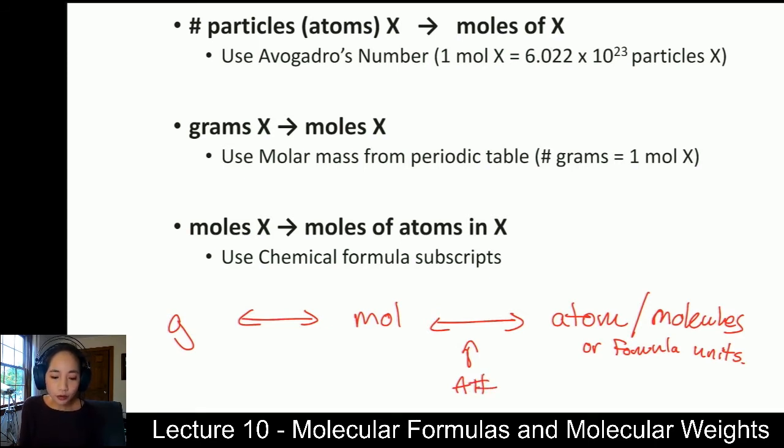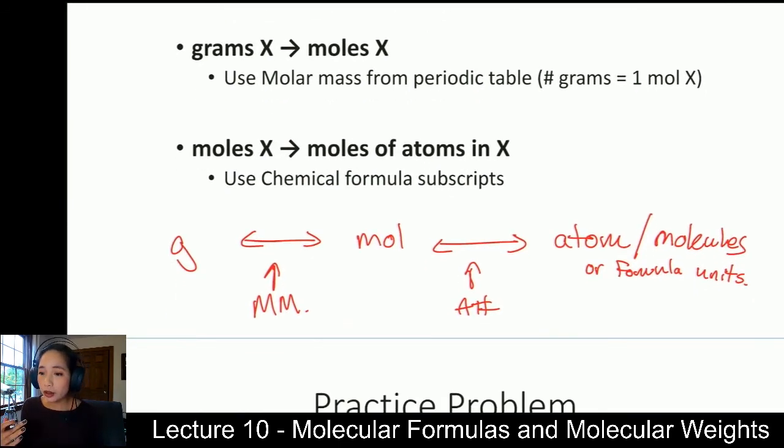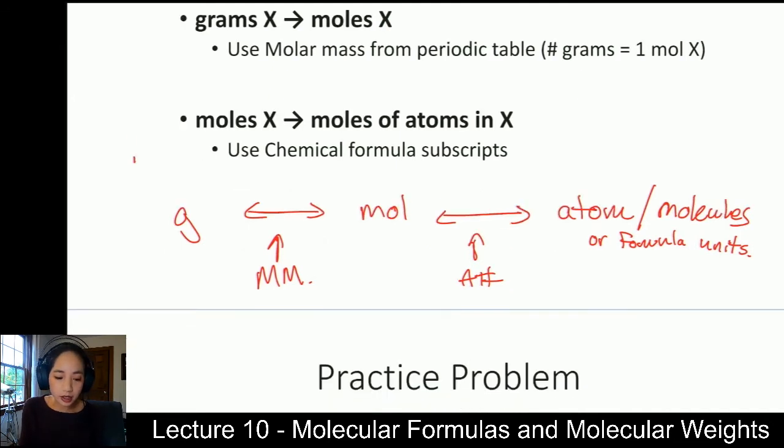If you want to go from grams of a substance to moles of a substance, you need to use the molar mass that's off of the periodic table. So use molar mass. And then finally, we just introduced ratios. So this is our new type of conversion.